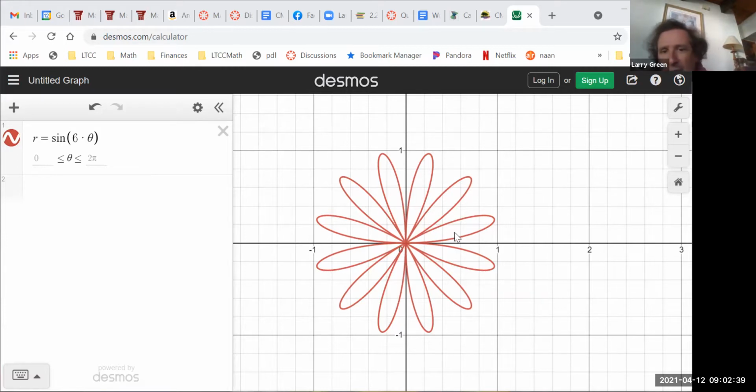Okay, the way you did area last quarter, on the very first day of last quarter with Bruce, is you cut the region into a bunch of rectangles and then you added up all the rectangles. You took a limit as the number of rectangles went to infinity, and that would give you the area.